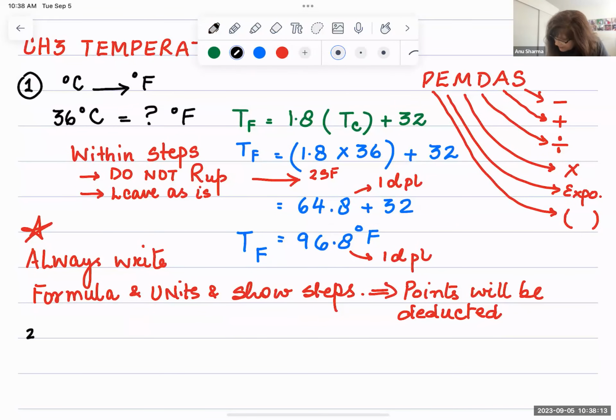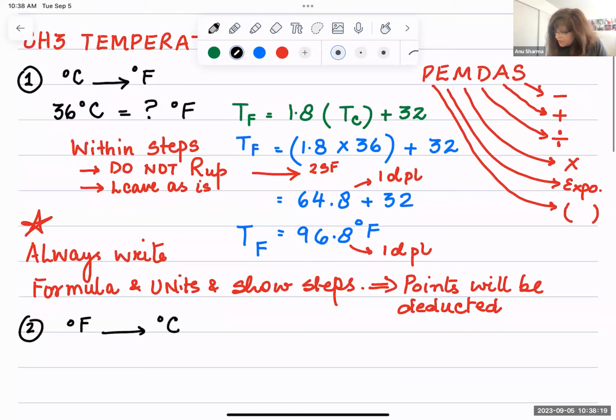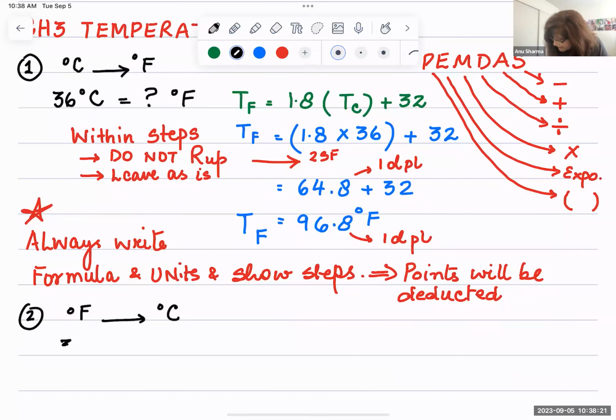Next, let's look at the next example. If you're given something in Fahrenheit and you need to convert it into degrees Celsius. Let us say you are given 36 degrees Fahrenheit, and you need to convert. How many degrees Celsius is that?